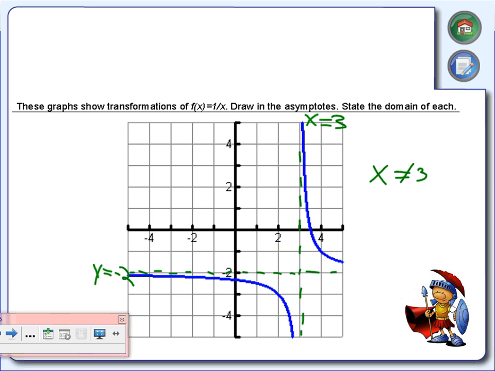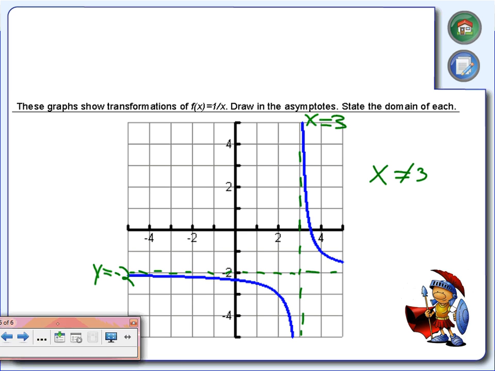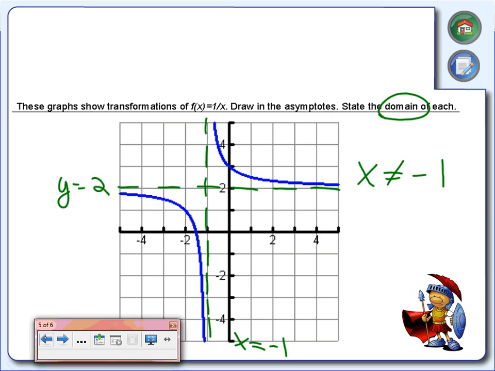Y'all notice a pattern here? Y'all notice anything about our domain and our vertical asymptote? They're the same. Notice the 3 and this 3 are the same number. Did it happen on all of them? Let's check the other ones. Look at what our domain was over here. Look at what our vertical asymptote was here. -1.